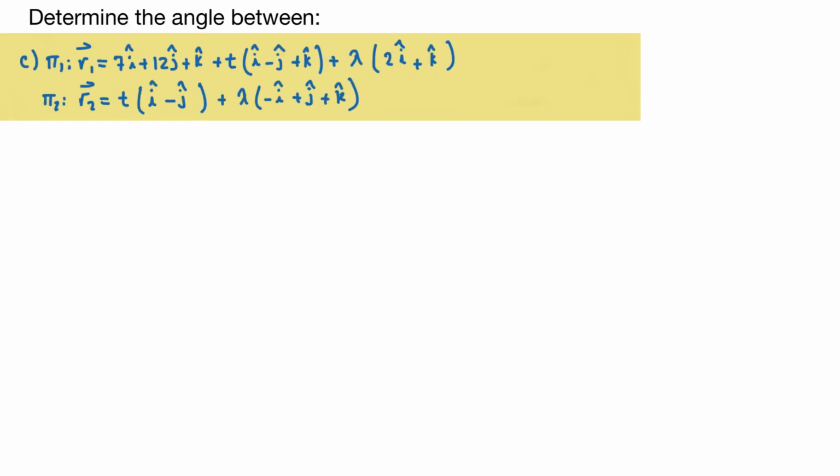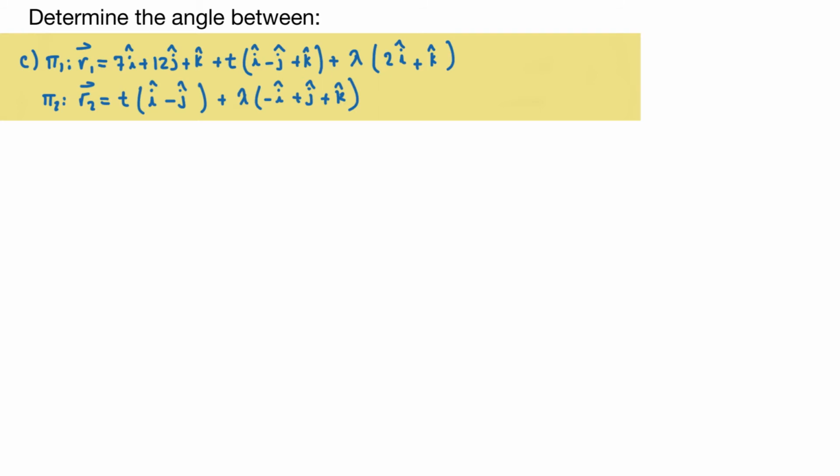For the next question, we are to find the angle between two planes, but this time our planes are given to us in vector form. We need to find the normal first, and that's the cross product of the direction vectors of both. So let's write down the direction vectors first.